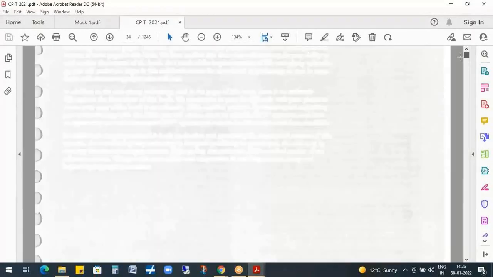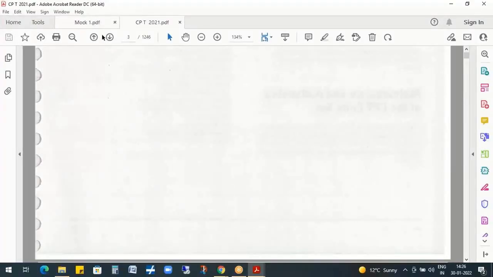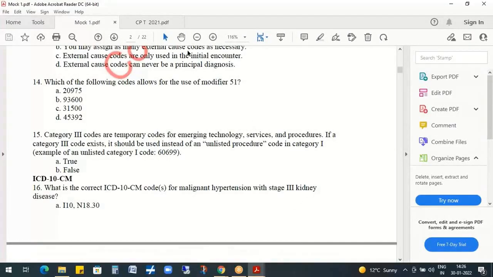Page number 910. There you will get that question's answer. Is that clear for you? Understood from where you will get the answer?